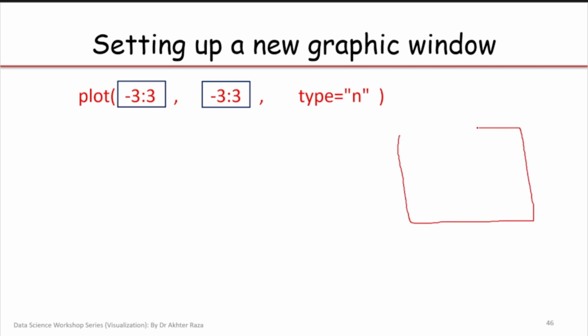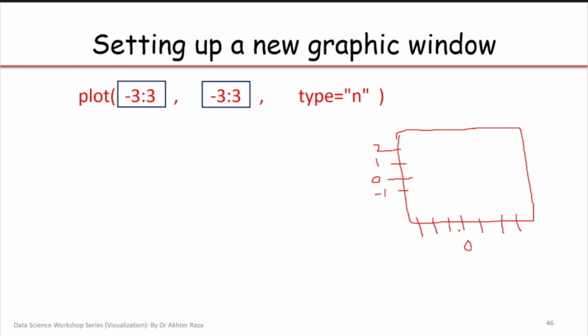We have a blank window in which 0 is in between. Then we have -1, -2 and -3. Then we have +1, +2, +3 on the x-axis, as well as on the y-axis we have 0, -1, -2 and +1, +2, +3.